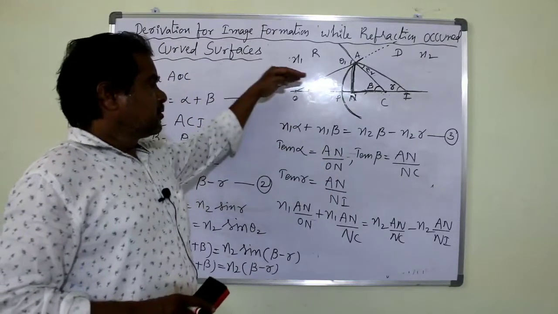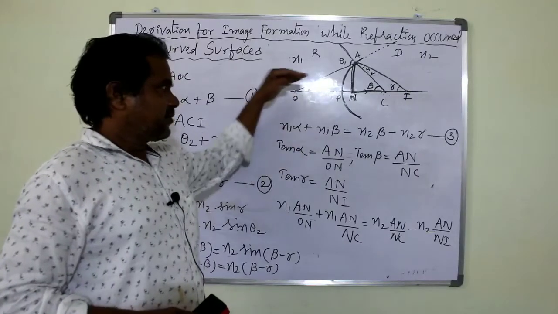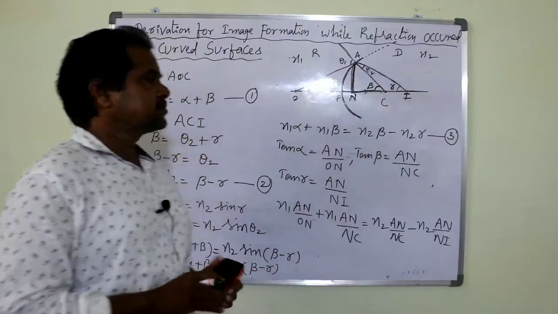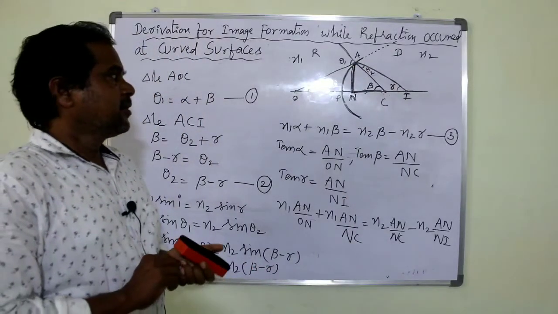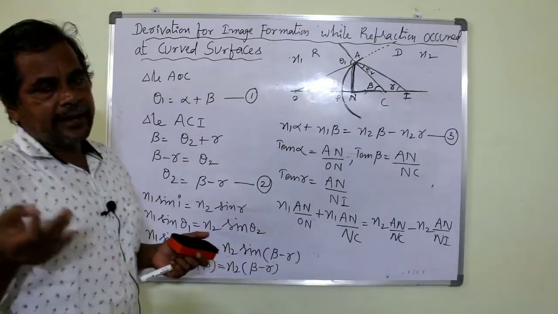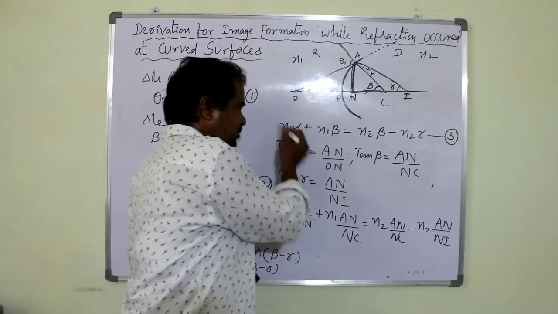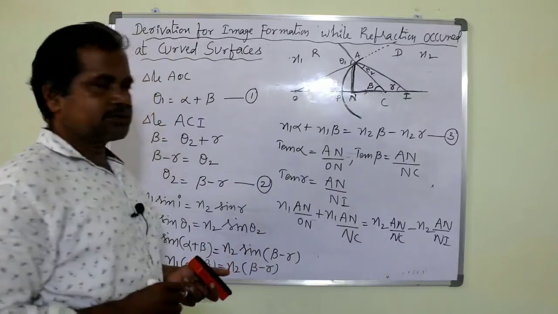Why? We are considering this case for paraxial rays. The rays which are moving very near to the principal axis are called paraxial rays. For paraxial rays, the angles are very small, so we ignore the tan ratios and sin ratios.